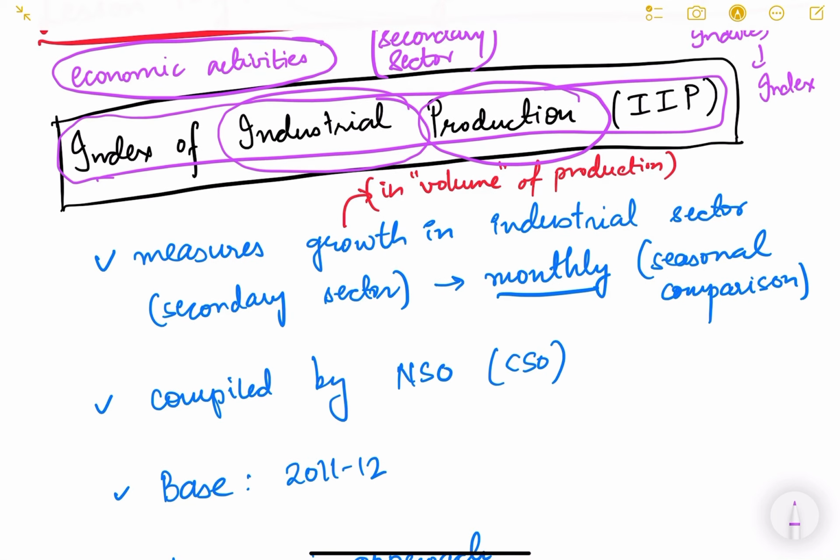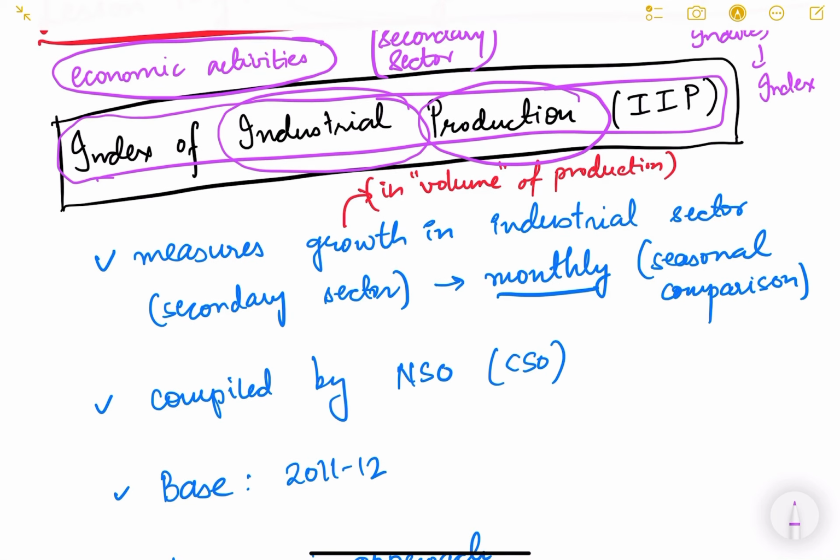Now, what are the weights given to different sectors in the index of industrial production? It is completely of the industrial sector, that is, the secondary sector. So only secondary sector activities will be included. Manufacturing, mining and electricity, these three activities are considered to be secondary sector activity.